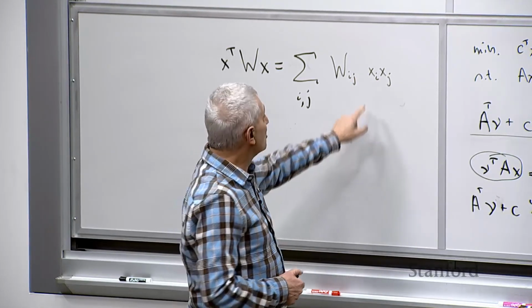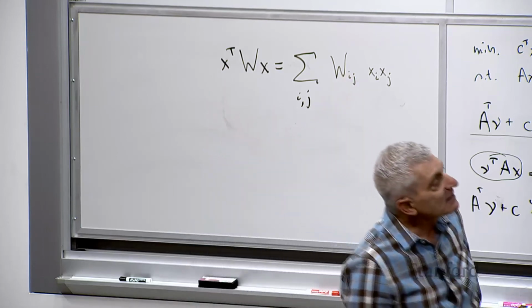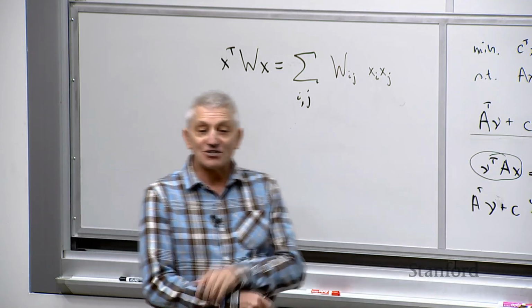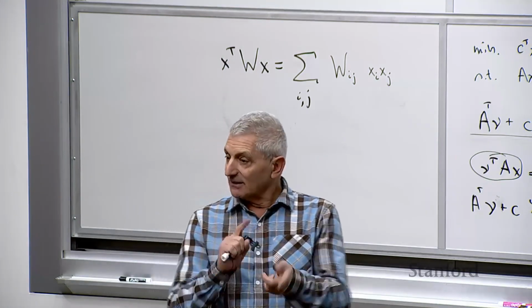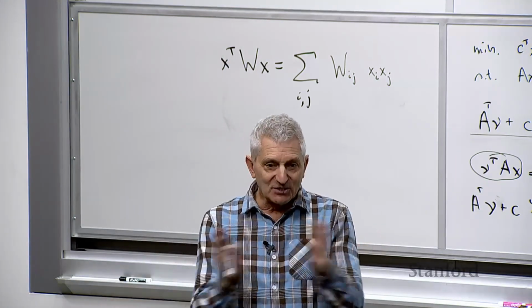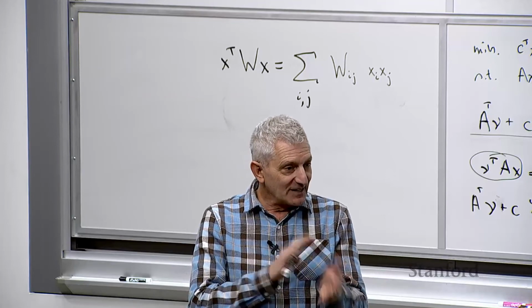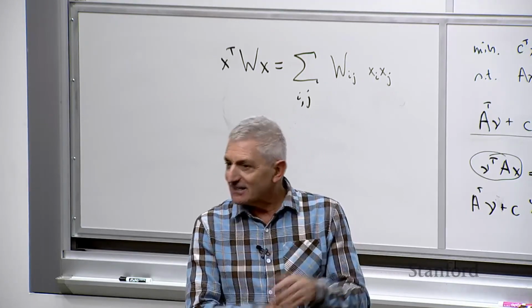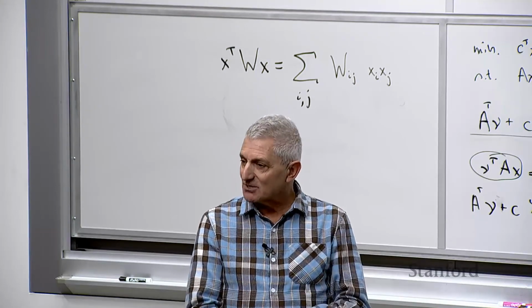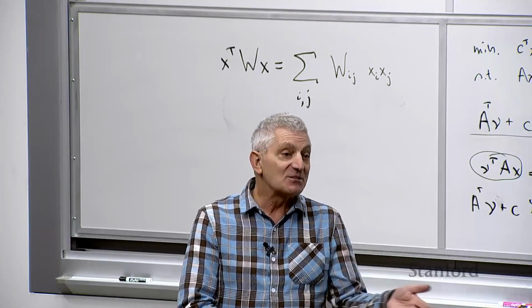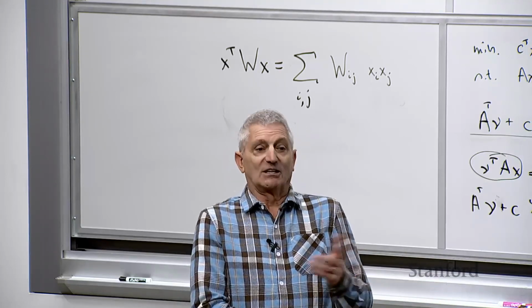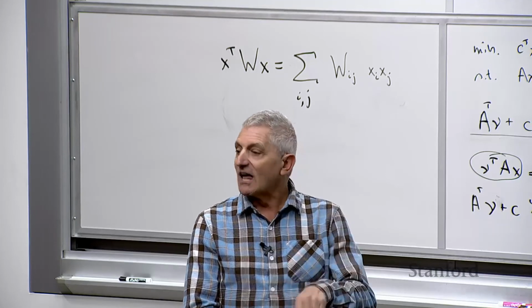That's what this says. And so you should interpret, what are we doing? Are we maximizing or minimizing? We are minimizing. So if we're going to split a group of people into two teams, wij is the cost of having person i and person j in the same team. Everybody got this? So if wij is positive, it means they don't like each other. If it's negative, that's totally cool. It means there's a strong affinity and we would like them to be in the same group.